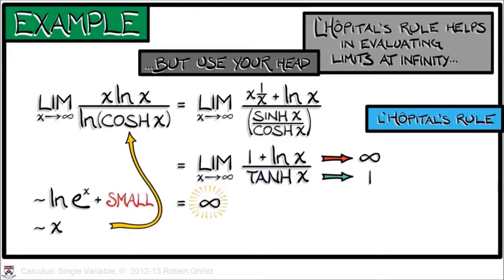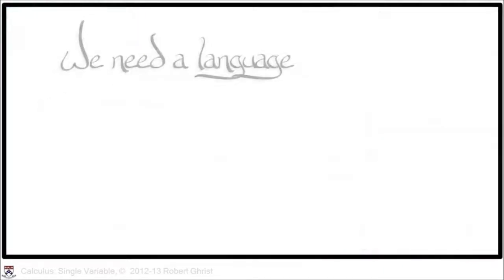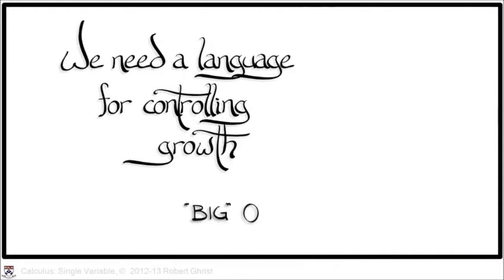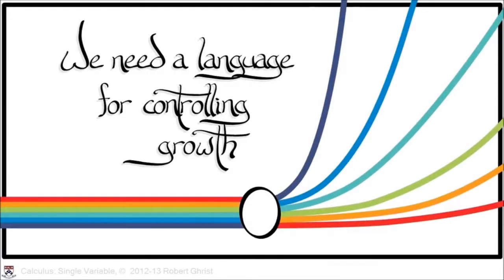Not exactly, but it should grow linearly. And so I would argue that x times log of x divided by something that grows like x should give us an infinite limit. That's a foreshadowing of what is to come, where we want to have a language for discussing or controlling growth of functions. This is called Big O, and it's a beautiful language.